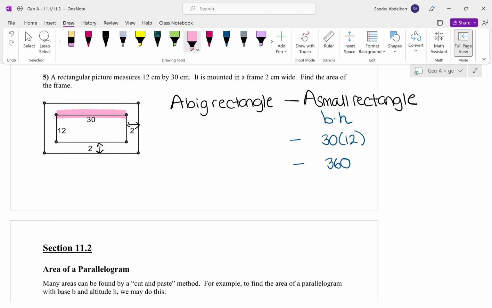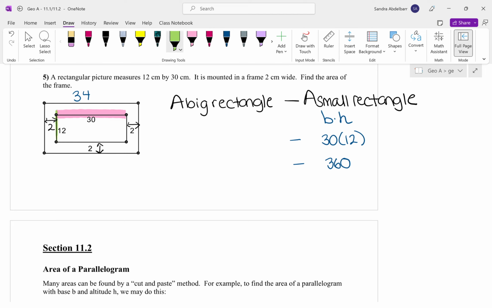But if I'm adding 2 centimeters to the right, don't I also have to add 2 centimeters to the left because it's that same gap? So over here is also 2 centimeters. So what does that mean the total base of the big rectangle has to be? 34. 30 plus 2 is 34.